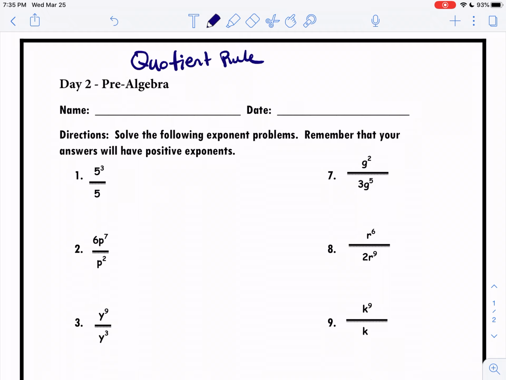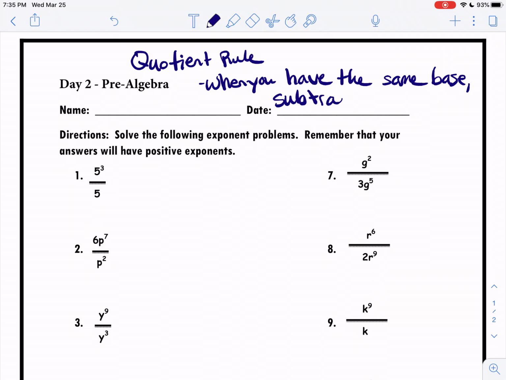Okay, and remember with the quotient rule, when you have the same base, so that's the large number, subtract the exponents. So a quick little example of that, I'm going to do 2 examples.